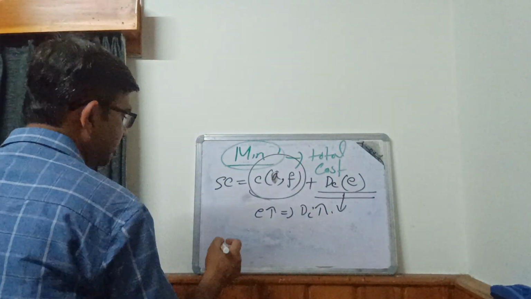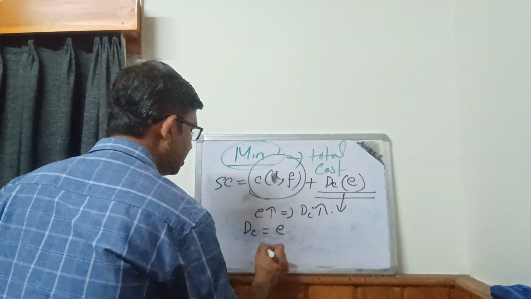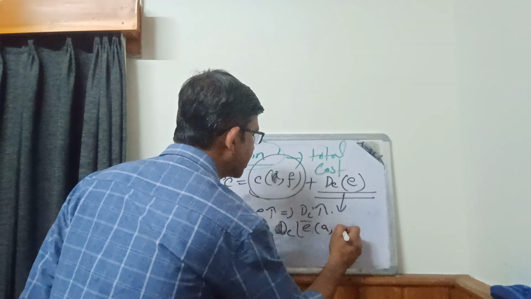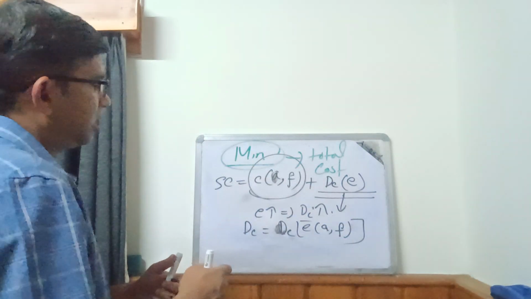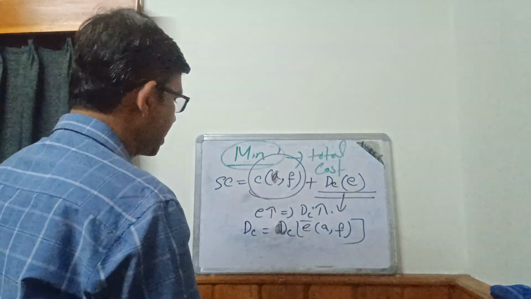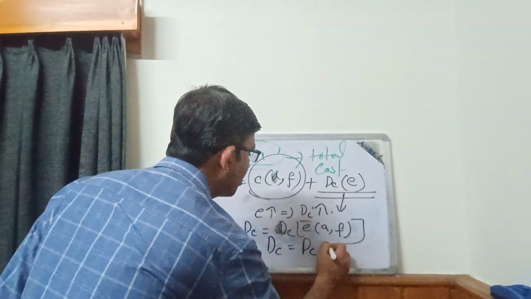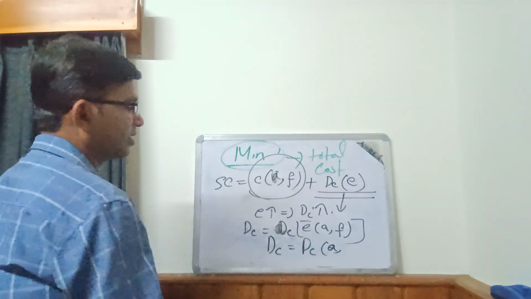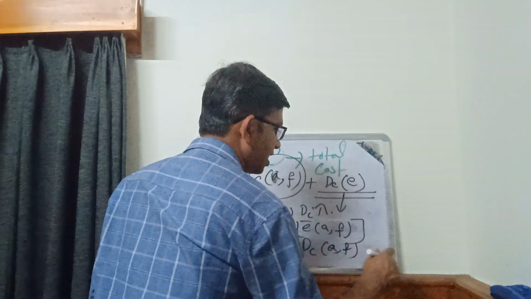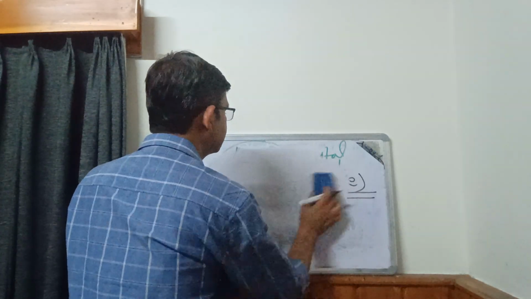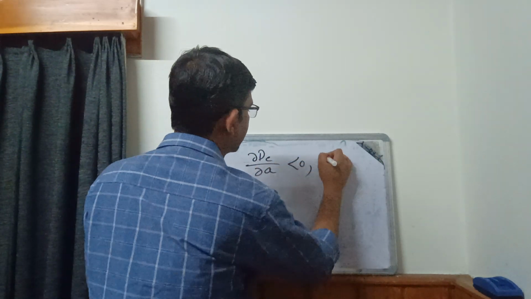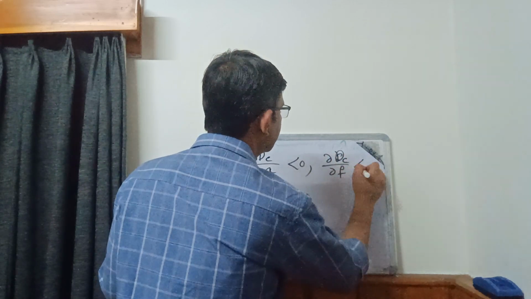DC is a function of E, which is a function of A and F. And we have already known that E is inversely related to A and F. So DC is a function of A, the equipment for abatement setup, and the effort F, and DC is inversely related to both A and F. So we can write del DC del A less than 0, as well as del DC del F less than 0.